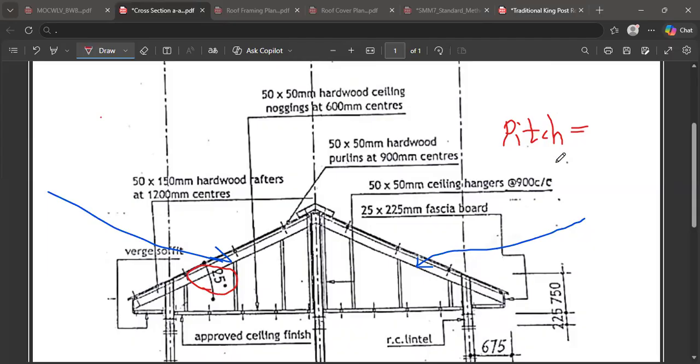So basically, roofs are classified into two: we have the flat roof and also the pitch roof.